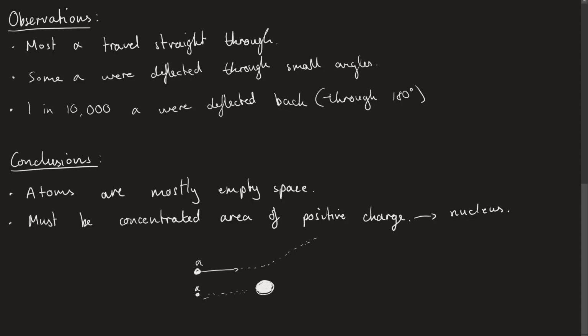And then Niels Bohr went on to then describe how the electrons move in their shells. We don't really have to know too much about that because this is nuclear physics. We're more focused on the nucleus and what happens inside the nucleus than the electrons. For those of you who are doing chemistry, you will know that we then go on to get the nuclear model, which talks about orbitals and all of that kind of stuff.